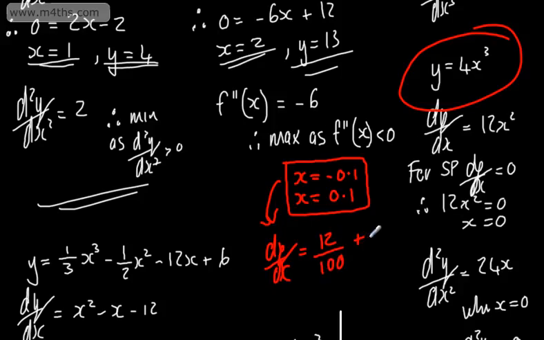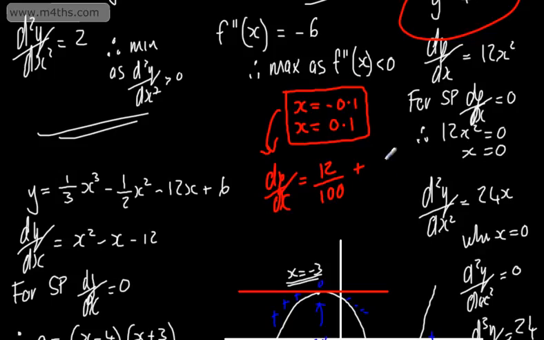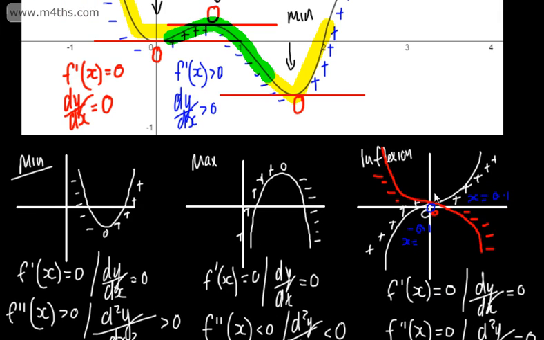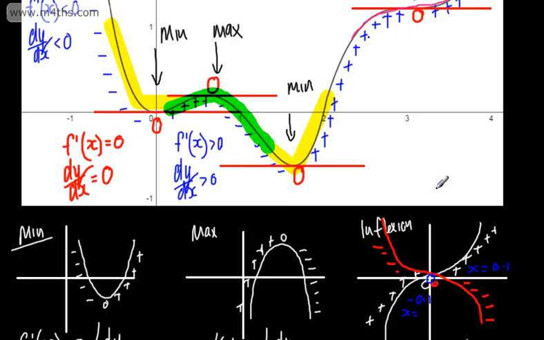The main thing is that that's a positive gradient. Now if I substitute in and evaluate the gradient, that's what dy dx does, it's a gradient function, when x is 0.1, that too gives us 12/100ths, which is also positive. So we have a positive gradient either side, so we can say that it's a point of inflection. That's an alternative approach.